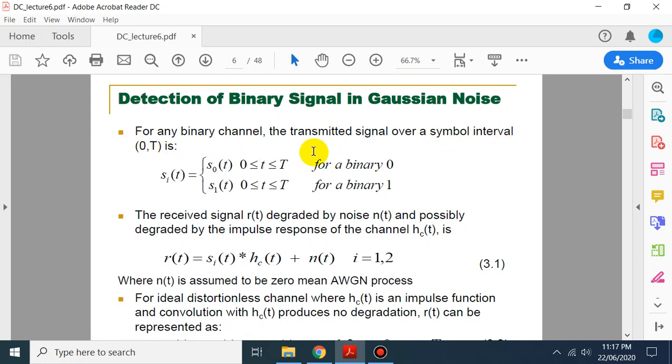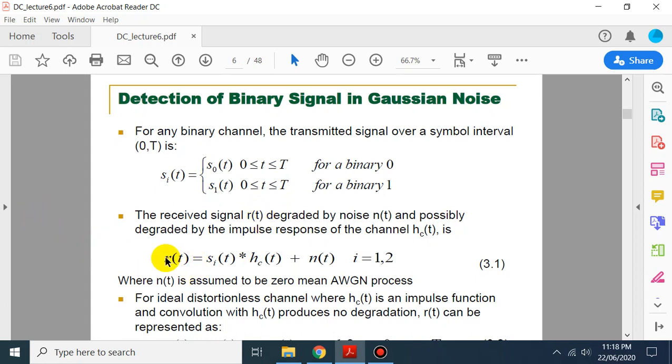The duration of that symbol interval is 0 to T, and s_i(t) is our transmitted waveform received at the receiver, represented as s_0(t) for binary 0 and s_1(t) for binary 1, with a symbol interval from 0 to T. Now the received signal r(t) is degraded by noise n(t) from the channel and possibly by the impulse response of the channel h_c(t), and we mathematically represent the channel noise and channel response with the transmitted wave.